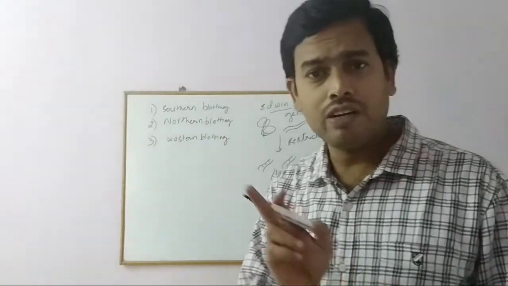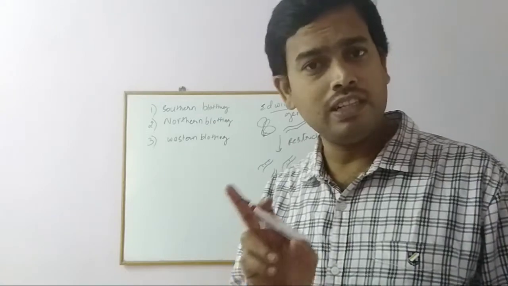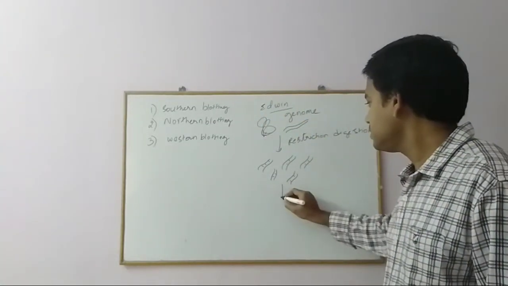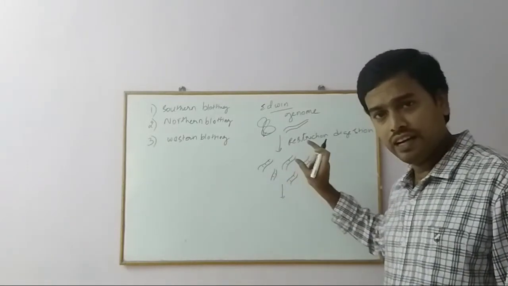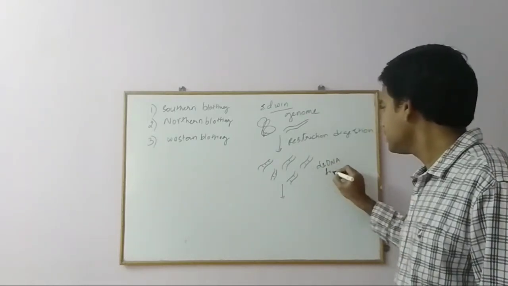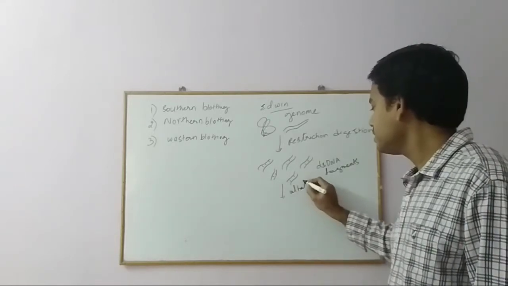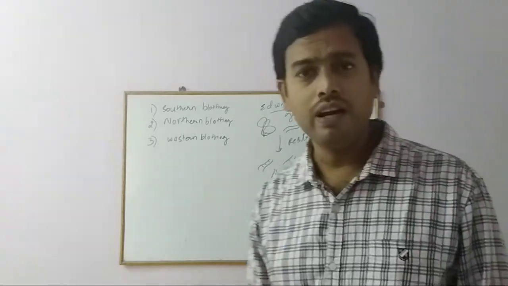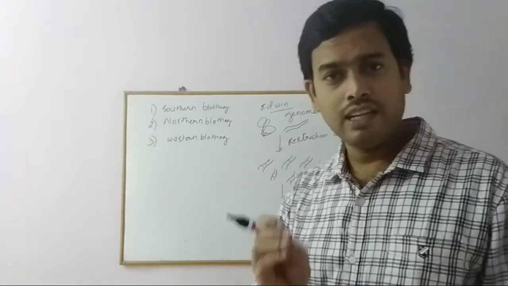Before electrophoresis, the double-stranded DNA fragments have to be converted into single-stranded DNA fragments. So the solution which contains the double-stranded DNA fragments is subjected to alkali treatment or temperature treatment, such that the double-stranded DNA is converted into single-stranded DNA.